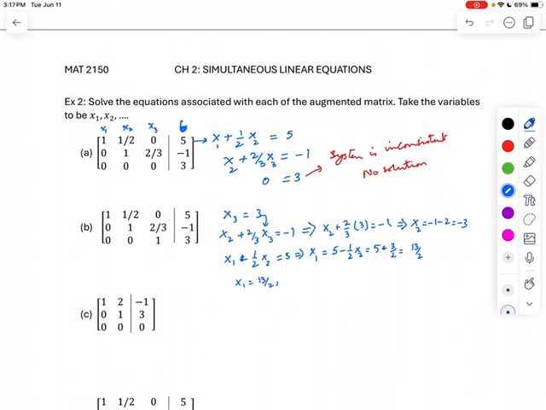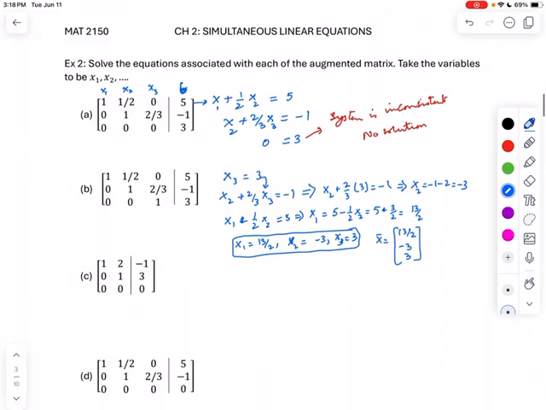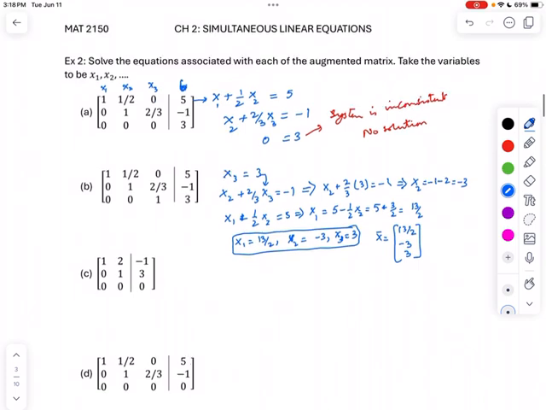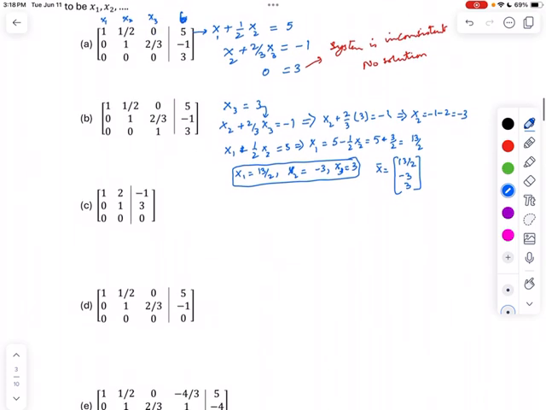So the solution, you can write it separately like this: x1 is 13/2, x2 is negative 3, and x3 is 3. Or you can write it in the vector form. The variables give you the solution.